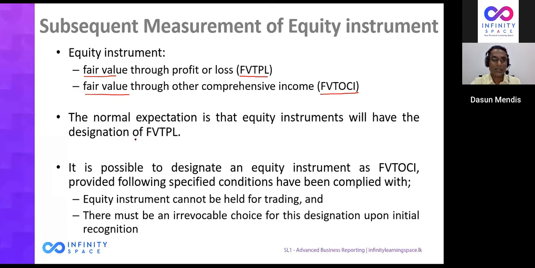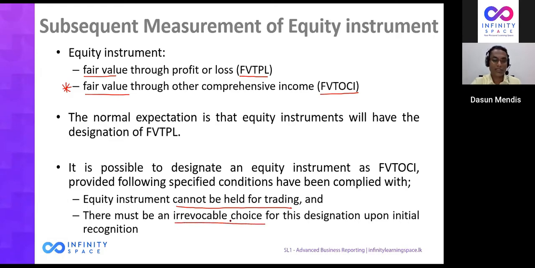But a company can designate the equity financial instruments under the FVOCI category if two conditions are met. What are these two conditions? If you can prove that you are holding this equity instrument not with trading intention, and it's an irrevocable choice.